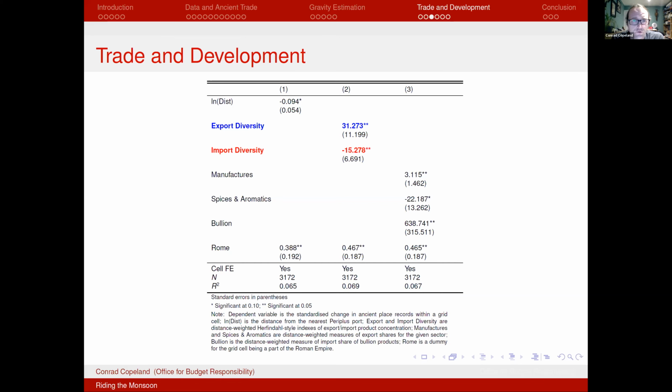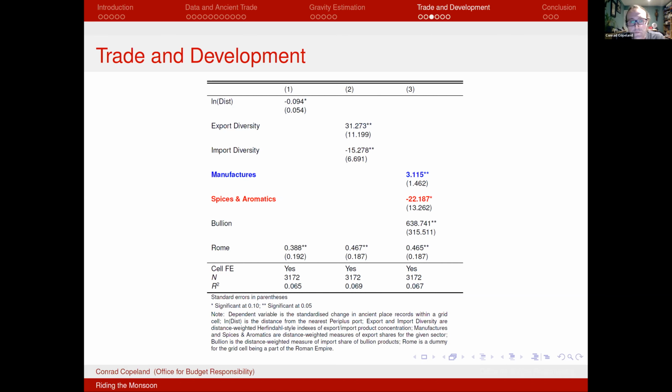And this is paired with the fact that taking in a lot of imports or a very diverse set of imports is linked with underdevelopment. And this leads into the resource curse bit, where having manufactures as a larger part of your export basket is linked with positive growth, marginal, but still positive.